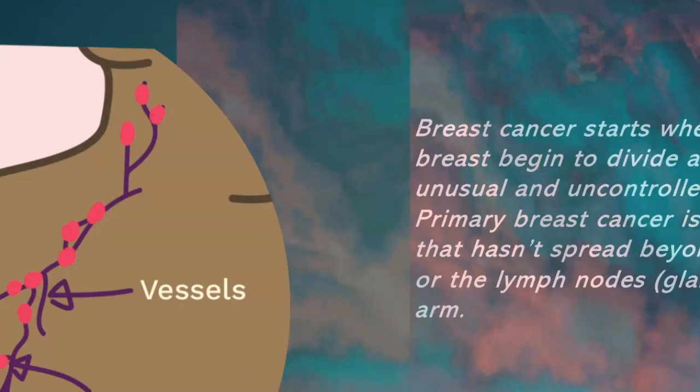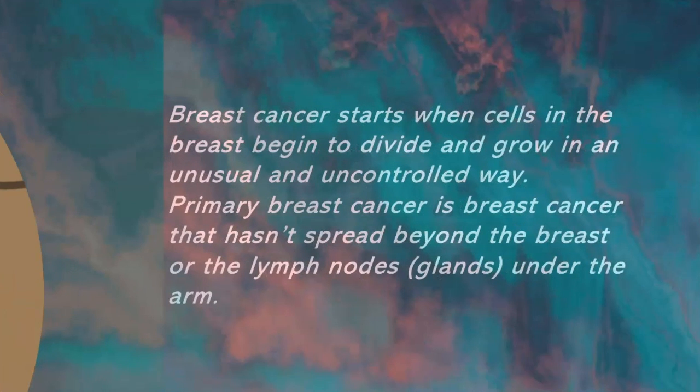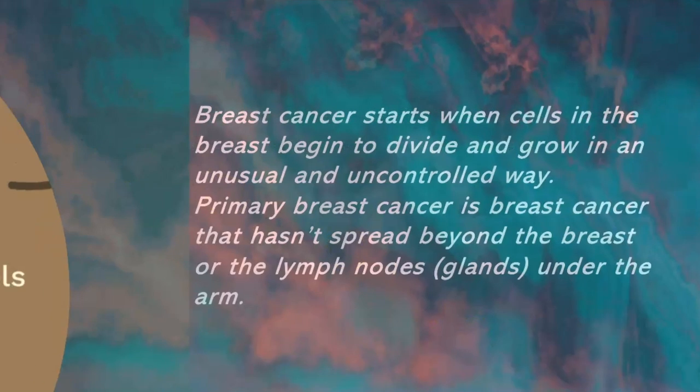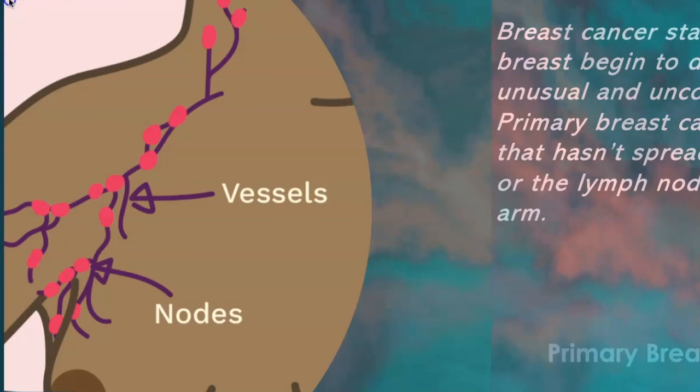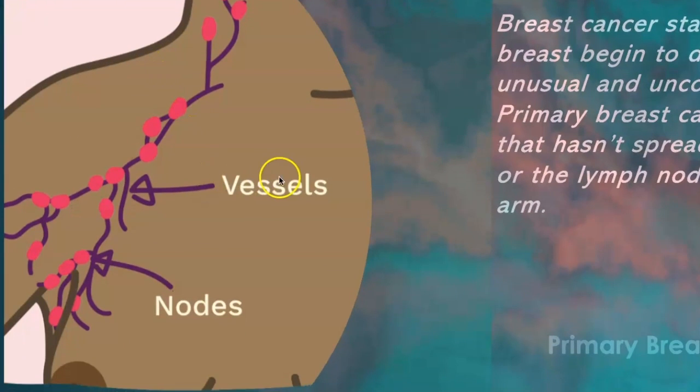Now, breast cancer starts when the cells in the breast begin to divide and grow abnormally. Primary breast cancer is breast cancer that hasn't spread beyond the breast or the lymph nodes. Today we're talking about invasive breast cancer, and if you take a look at the diagram of this breast, what you'll see is that there are blood vessels and lymphatic vessels that move from the breast tissue to the lymph nodes in the arms.